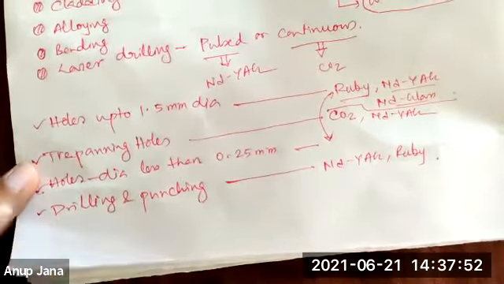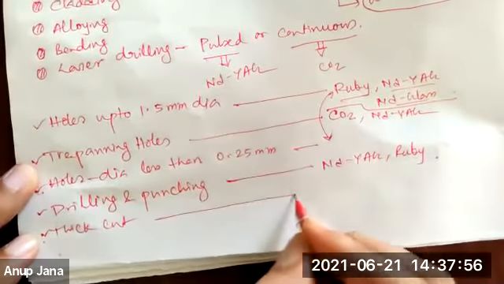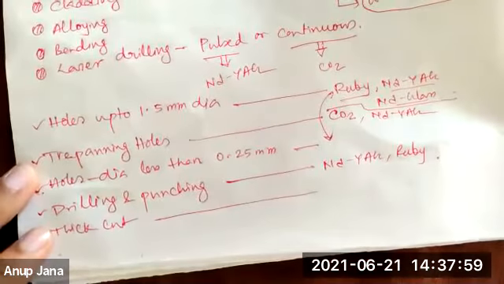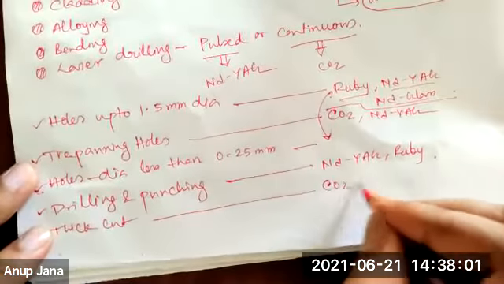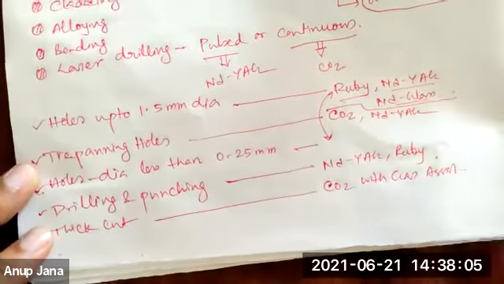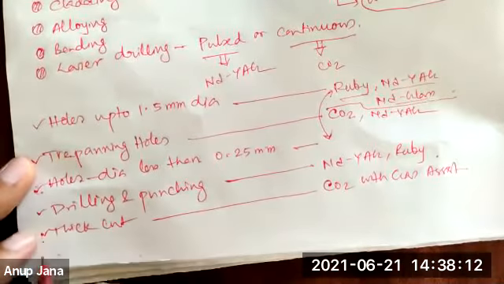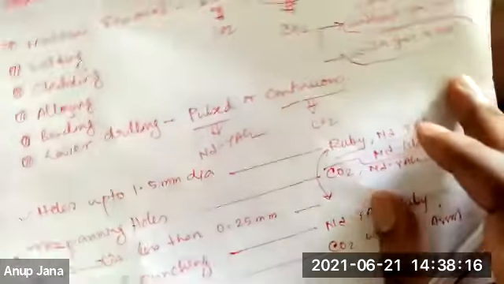But if we want to have a thick cut, we have to use CO2 with gas assist. CO2 with gas assist. If you want to go for thin slitting of work, okay, just note down everyone.